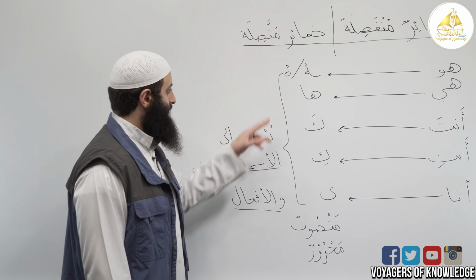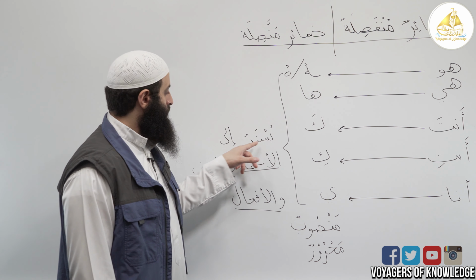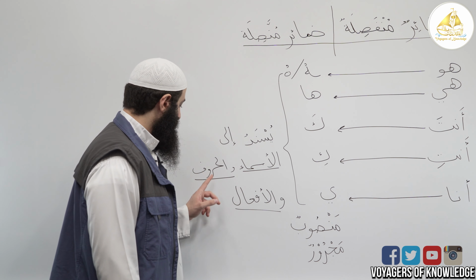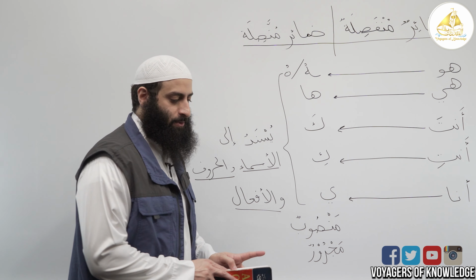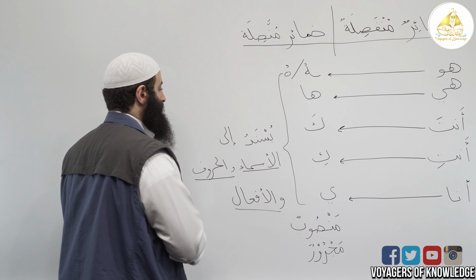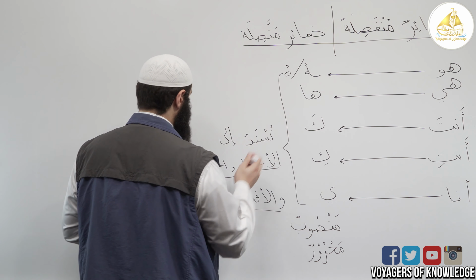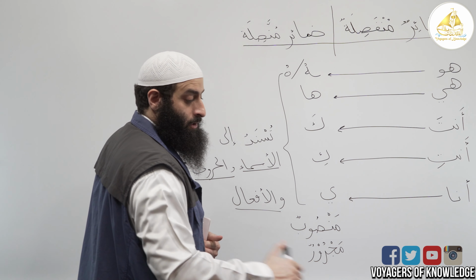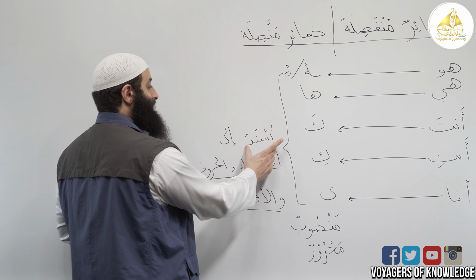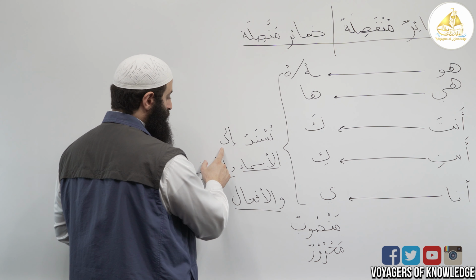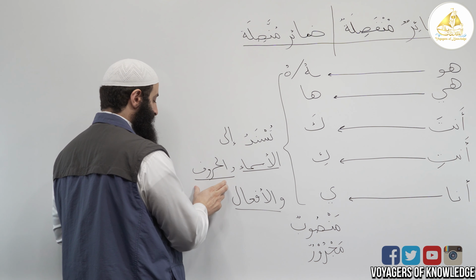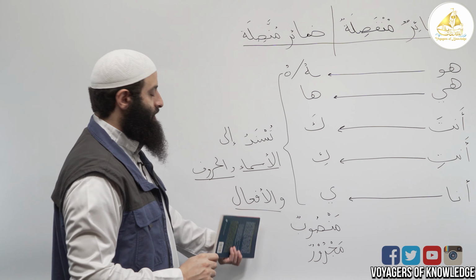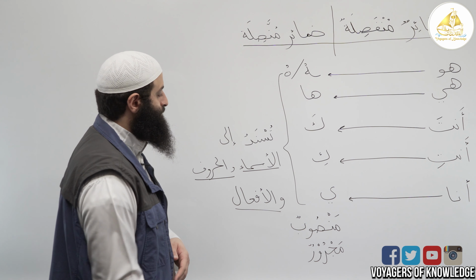Now, these here, يسند إلى الأسماء والحروف والأفعال. Actually, we should say تسند, because there's more than one in there. It means they are attached, right, to nouns, they're attached to prepositions, and they're attached to verbs.